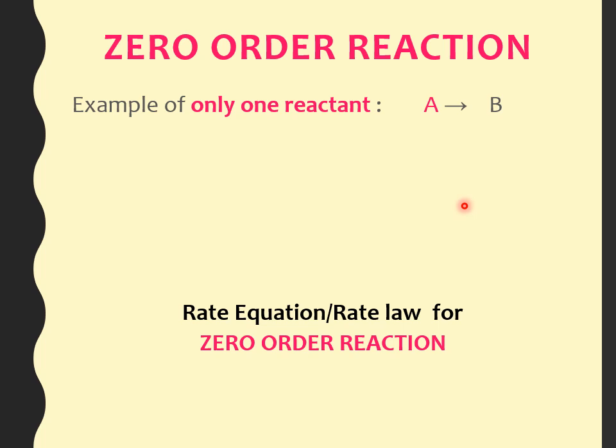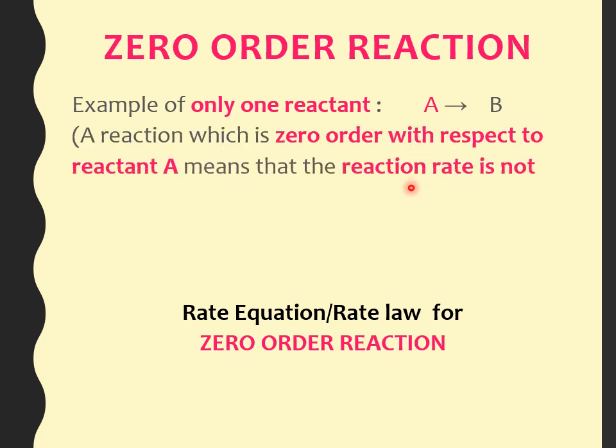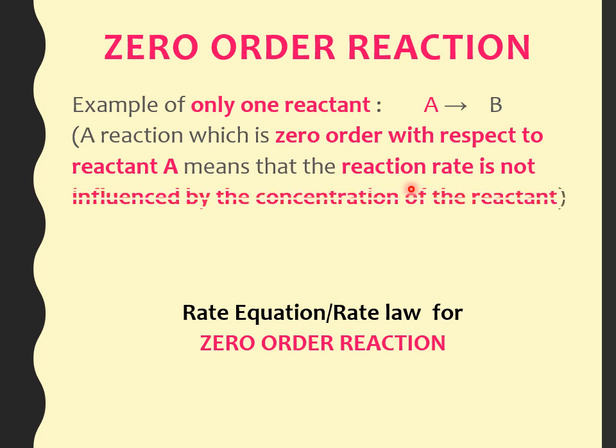For zero order reaction, take the example of only one reactant A becoming B. A reaction which is zero order with respect to reactant A means that the reaction rate is not influenced by the concentration of the reactant. Let's look at the rate law.